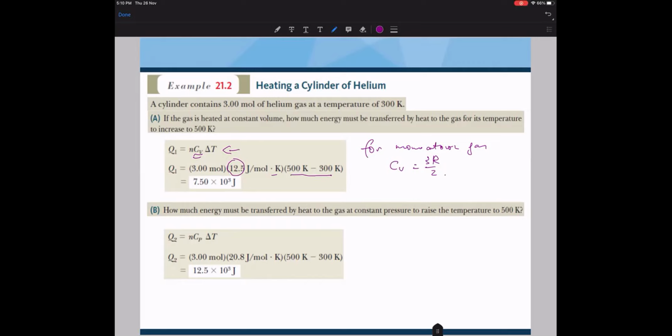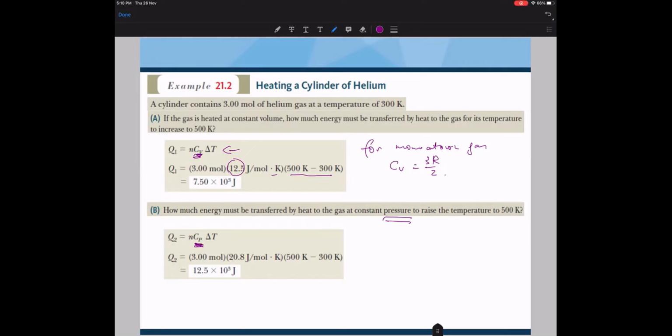Now, in part B, you try to calculate the amount of heat required for heating the gas up in a constant pressure process. So the equation changes. In part A, it is Cv. Here, part B, Cp, constant pressure process.